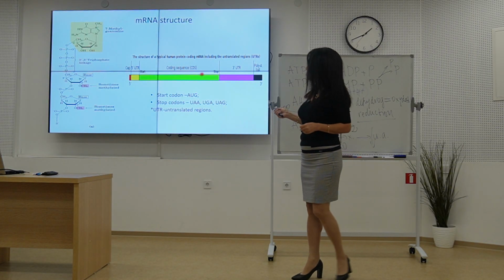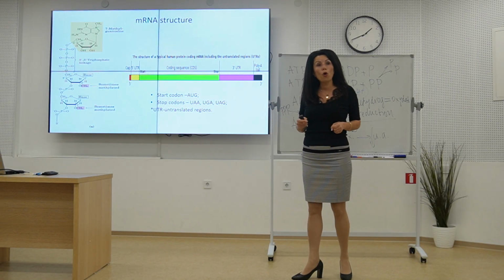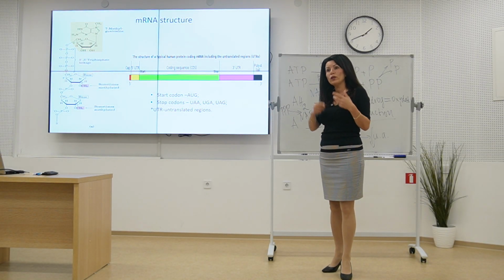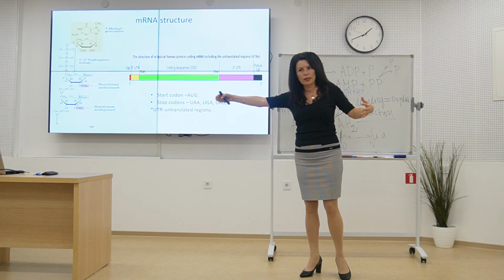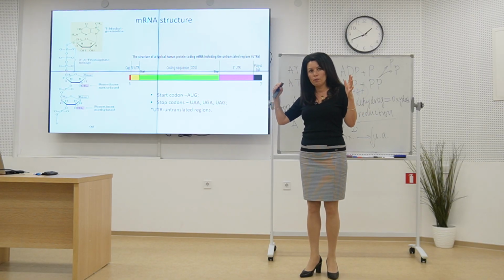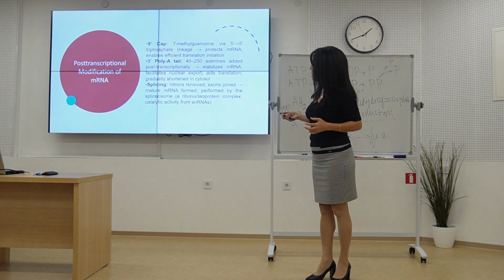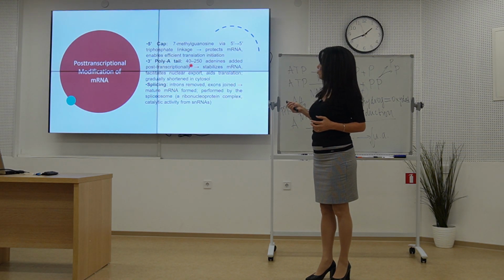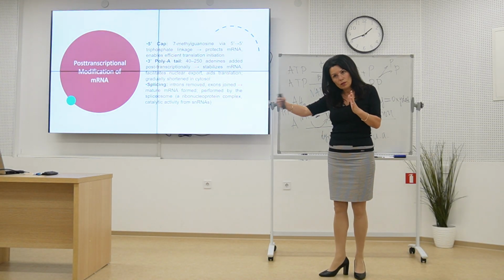And in the 3' end there is formation of the so-called poly-A tail. Poly-A means formation of many adenine bases. How many are these bases? They are from 40 to 250 adenine bases at the end.